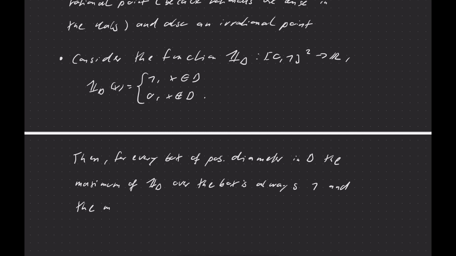And the minimum is always 0, because there is always a non-rational point in that box as well.